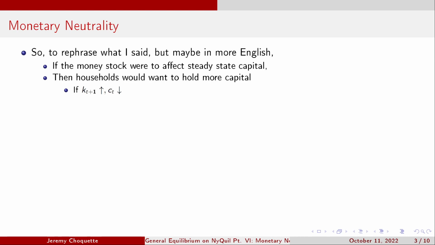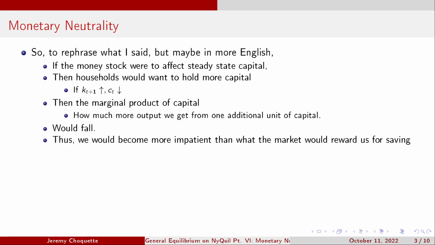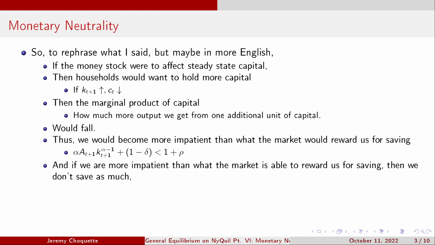K_{t+1} would increase, C_t would fall. The marginal product of capital, how much more output we get from one additional unit of capital, falls. Because remember, if you increase capital, the marginal product of capital will fall. So we'd become more impatient than what the market would reward us for saving.